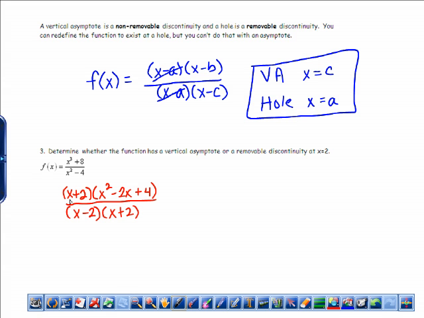And I can see clearly that these x plus 2's cancel. So it says determine whether the function has a vertical asymptote or a removable discontinuity at 2. Well, at 2, it's a vertical asymptote.